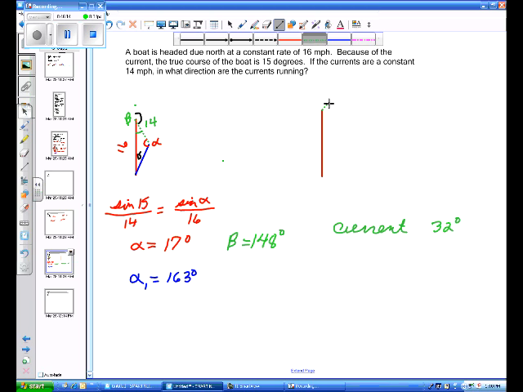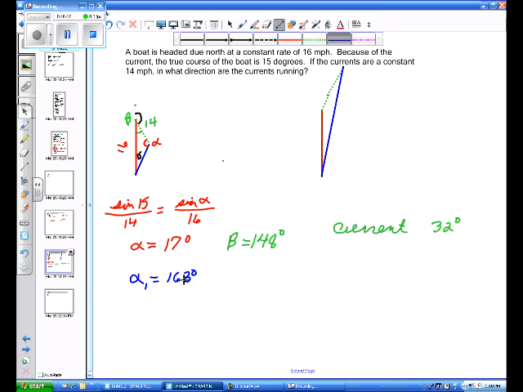So from north, your currents are running off in this direction, 32 degrees. And we know that they were 14. Since I drew the other line so long to represent the magnitude, I need this one pretty long. So that means the boat is actually going to go in this direction. So it's off by 15 degrees.